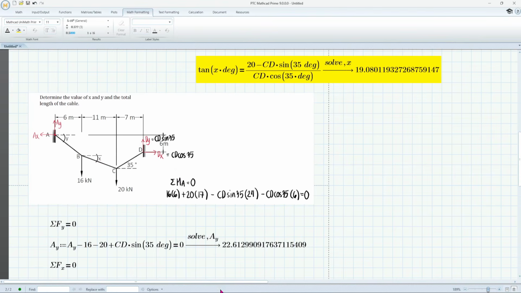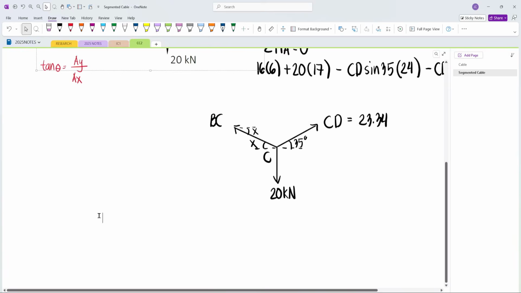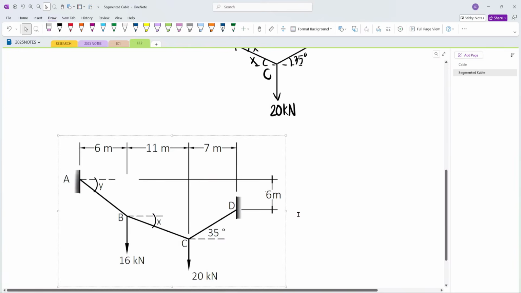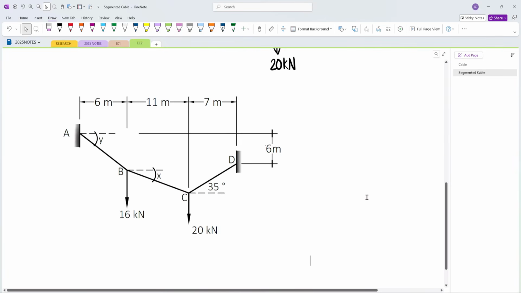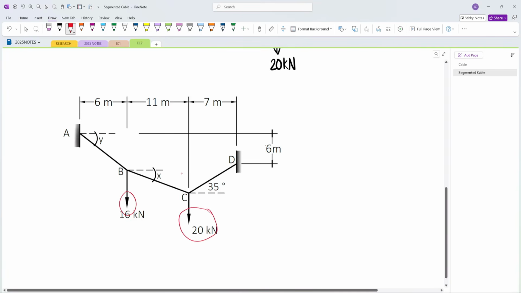So, ito yung gagawin natin. Copy natin ulit yung figure. Then, what we will apply is Varignon's theorem. Notice na yung external loads natin follows a parallel force system. Yung 16 saka 20, both acting vertically, so parallel yung dalawang forces.